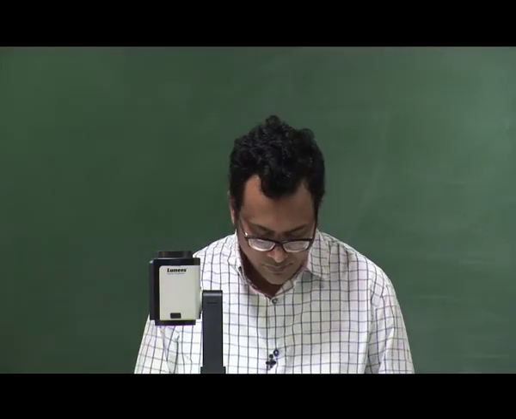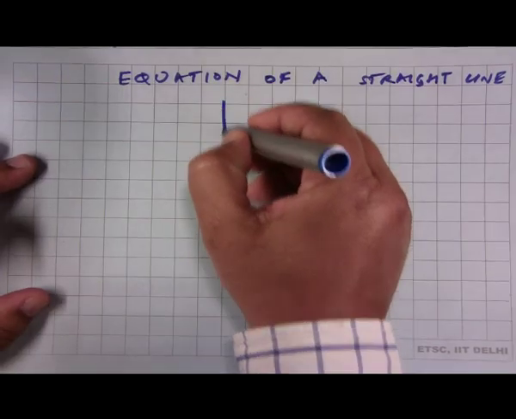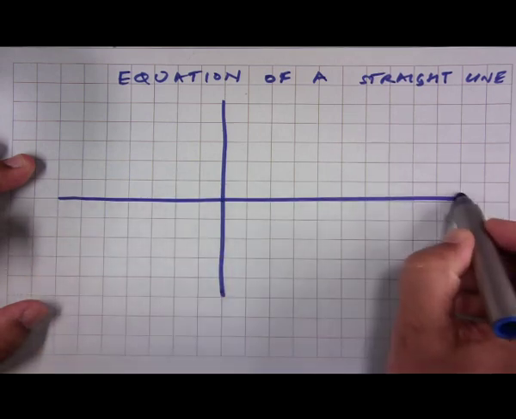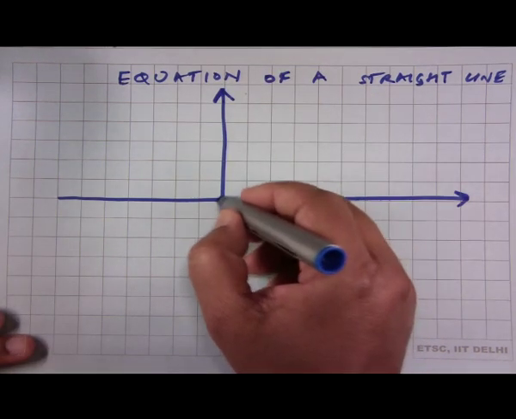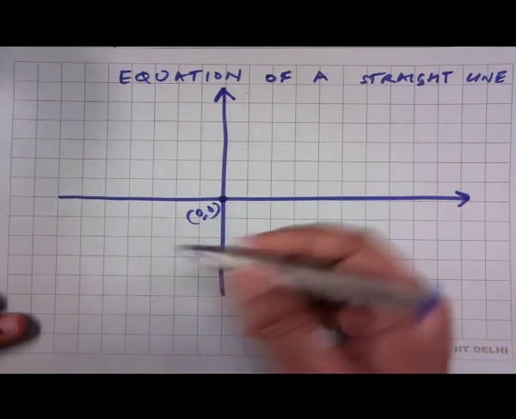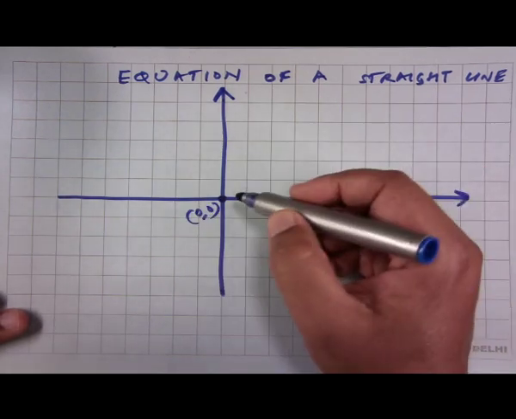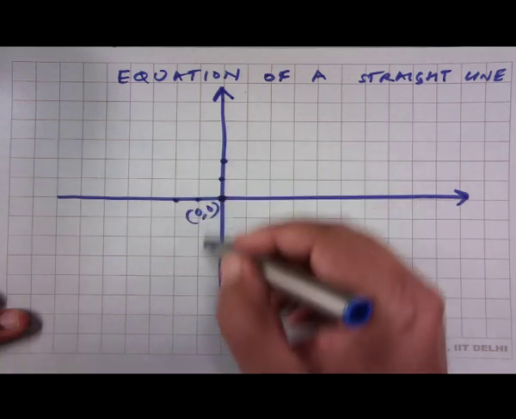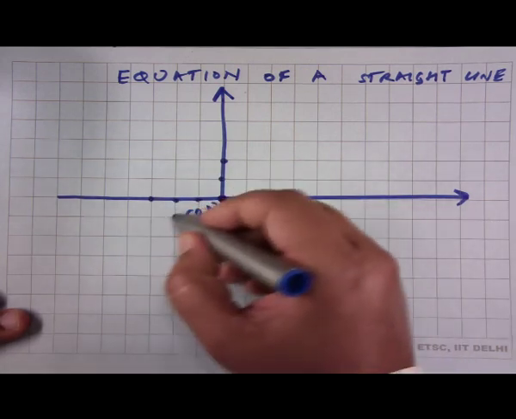So, if we go back to the equation of a straight line, suppose these are our coordinate axes, this point is the origin, and suppose that we have this straight line.